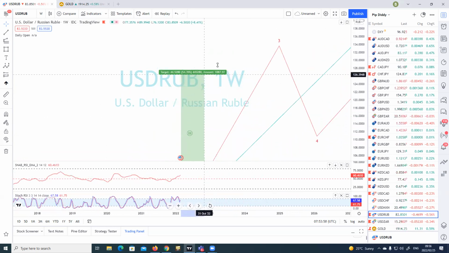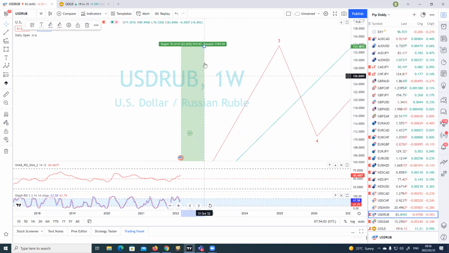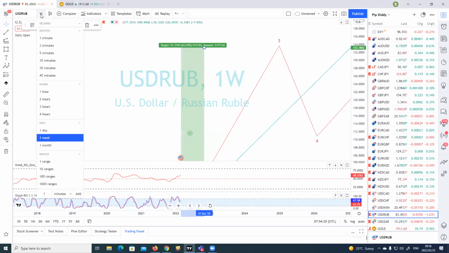Okay, so this is roughly drawn to scale. This is not even the termination of wave 5. This is just the end of the wave 3. Okay, so for now we can run the trade up to the end of wave 3 and then wait for this huge correction and then position ourselves for more entries again around these levels here.